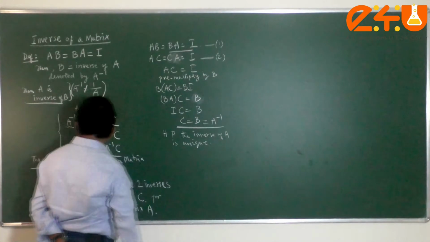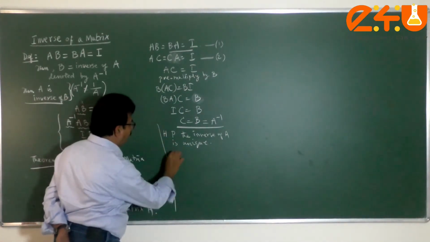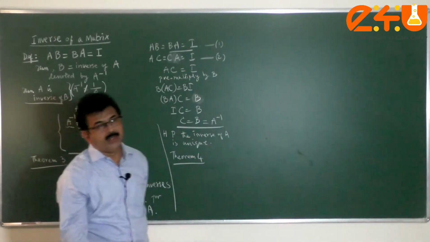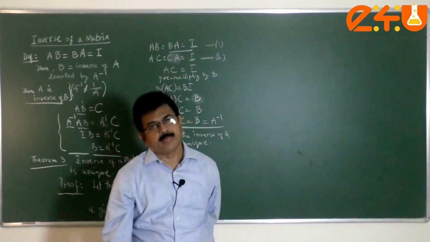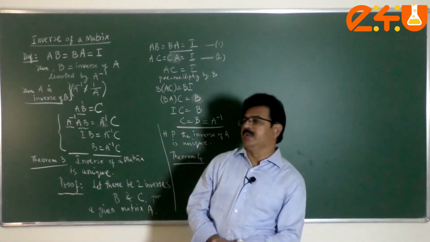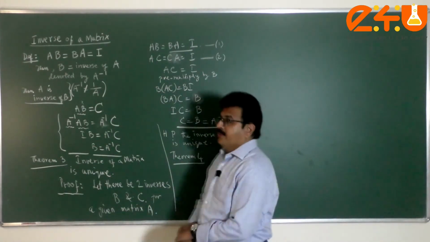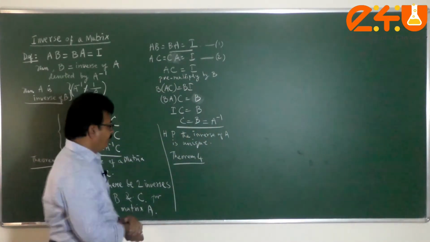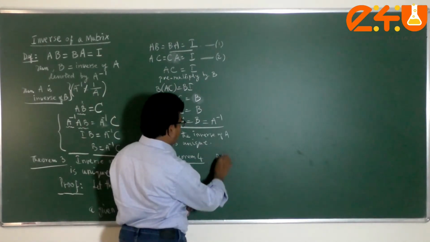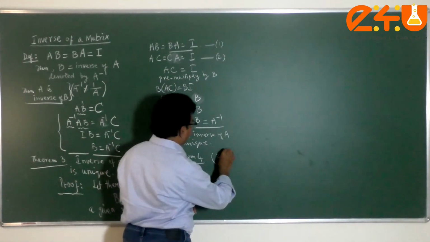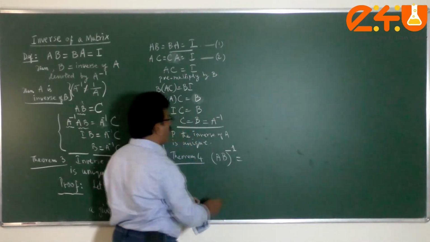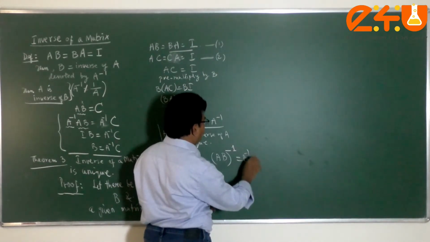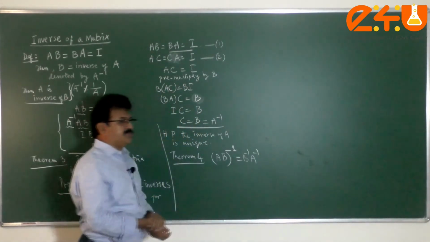Okay, and now we have theorem 4. I can say probably this is the last theorem in the chapter. The last theorem of the chapter, theorem number 4, states if you want to take the inverse of a product of two matrices, for example AB, that's a product, I want to take the inverse of the entire product as a whole, then the answer becomes B inverse times A inverse.